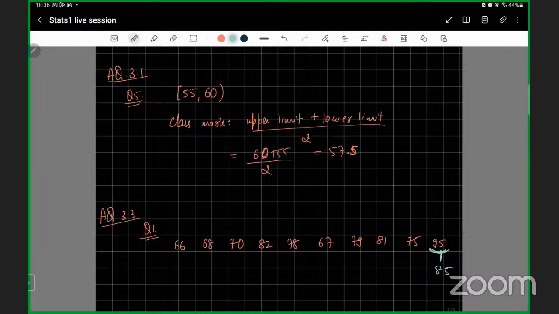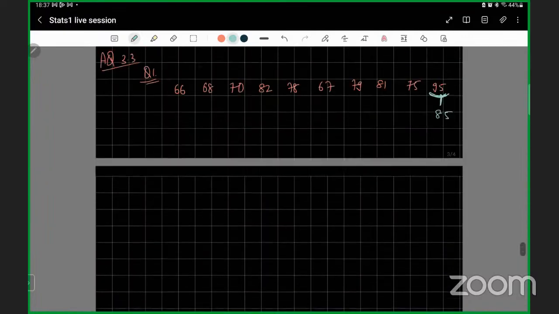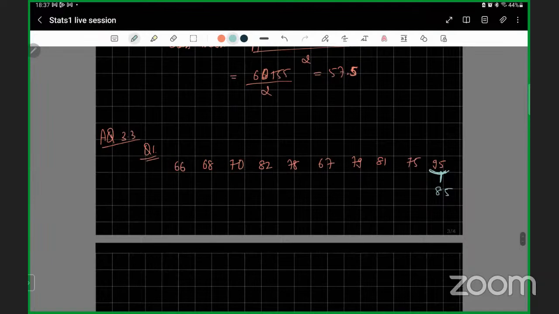Now, what is the median of the actual marks? Sorry, it's asking median. So how do you find the median? First, we have to arrange the data in ascending or descending order. I didn't arrange them, that was my mistake.